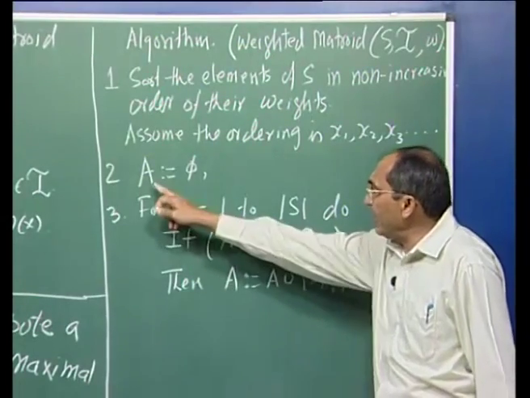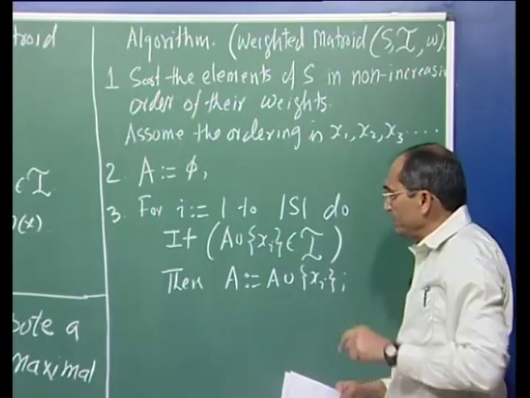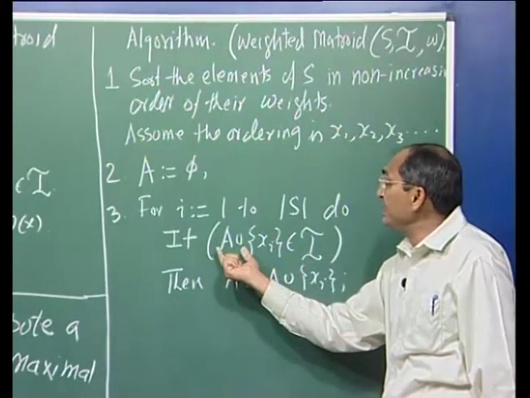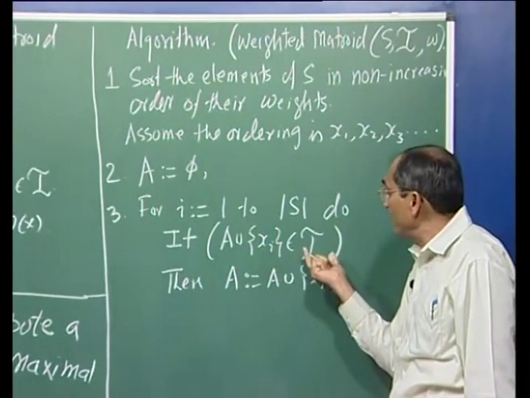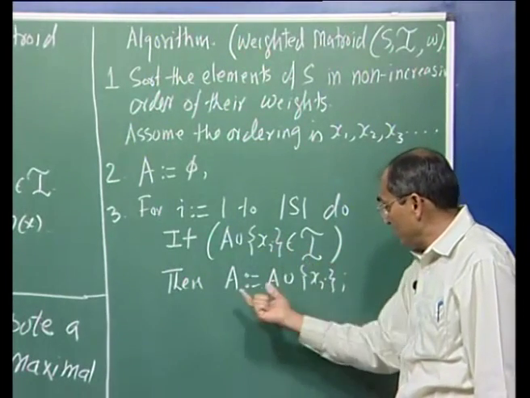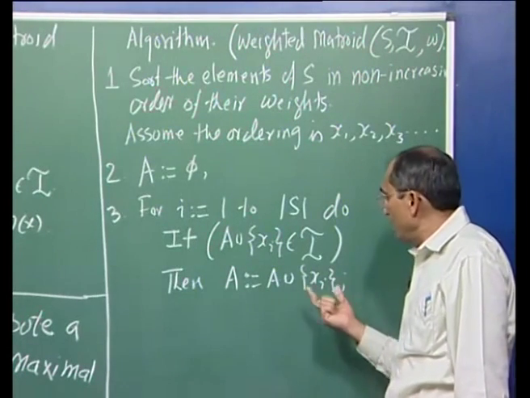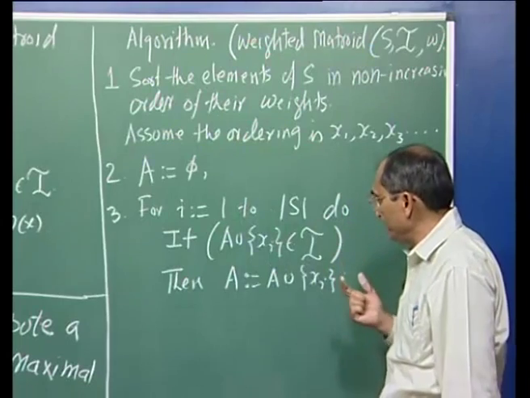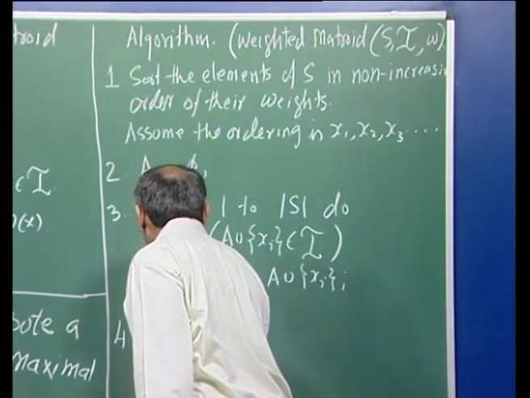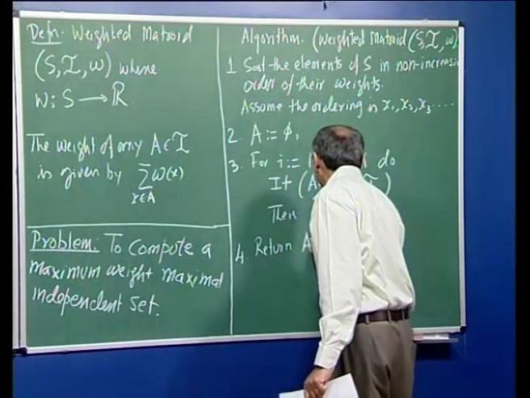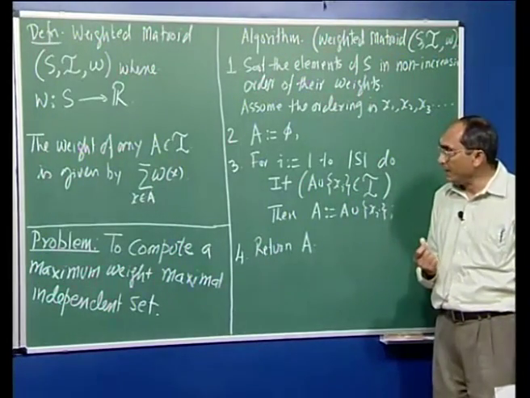So, all we are doing is we start with an empty set and starting from the highest weight element, we put it in the set and check whether it is still an independent set, because we are interested in an independent set. If it is still independent, then we update A by putting that element and then move on to the next element. And finally, we return the final output A.